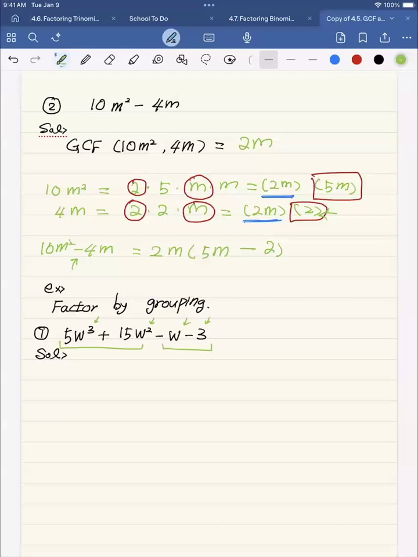So what we have to do is factor the first group and second group, and then we will find the common factor after that again to conclude the problem.